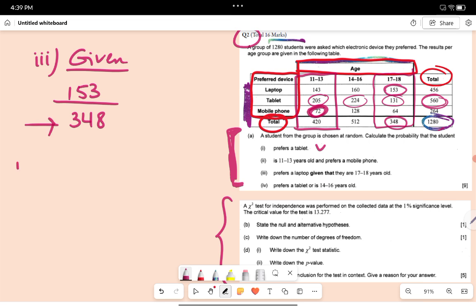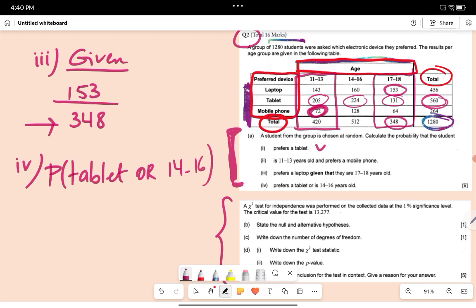Okay, and then the fourth one, prefers a tablet or is 14 to 16 years old. Yes, so what we do here is we take the probability of preferring a tablet or 14 to 16.